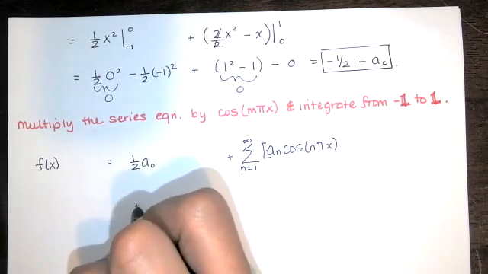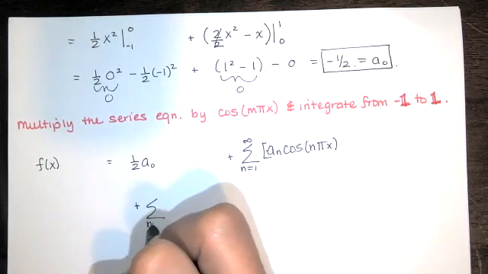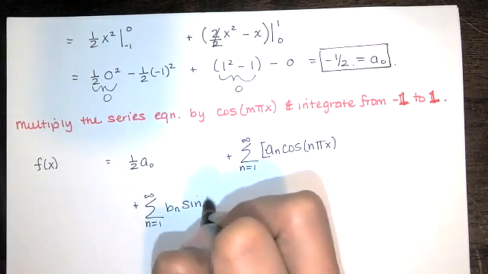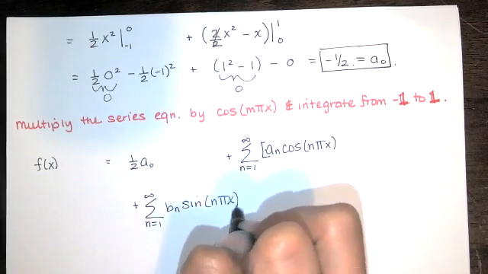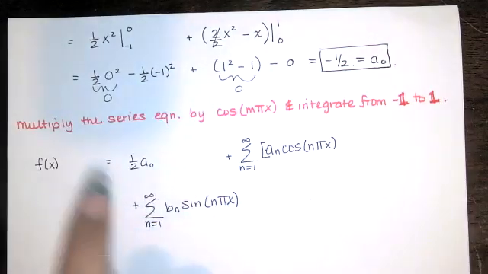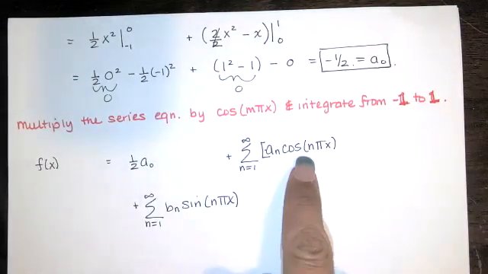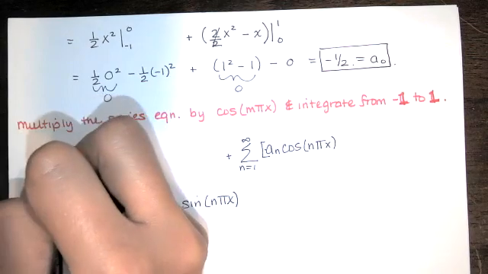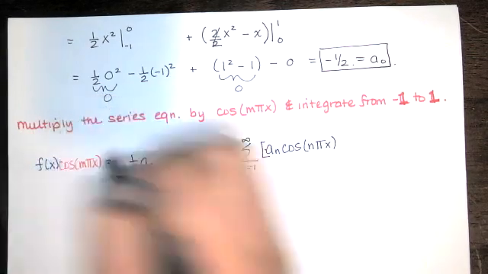And I'm going to run out of space, so I'm going to use the next line to write the rest of the series. We've got the sum as n goes from 1 to infinity of b sub n times sine of n pi x. Now we're taking this equation, this equals this plus this plus this, and we're multiplying it by cosine of m pi x over L, where L is 1.